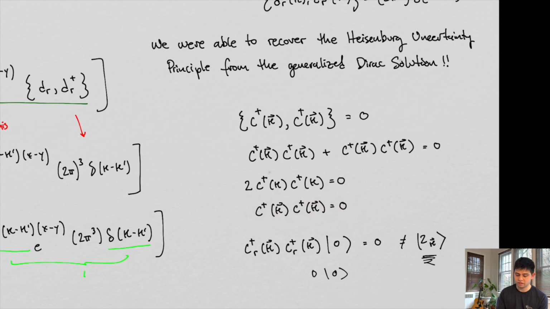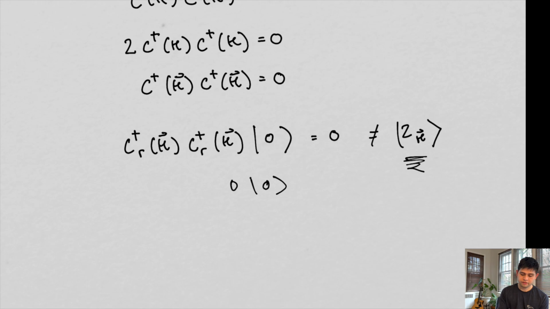This is weird because if this equals 0, if we act on a zero particle state with this guy first, it's a raising operator, it's going to give us 1, and then we raise it again, that should give us 2, but it gives us 0 because of this relationship. So in other words, we cannot create two particles.